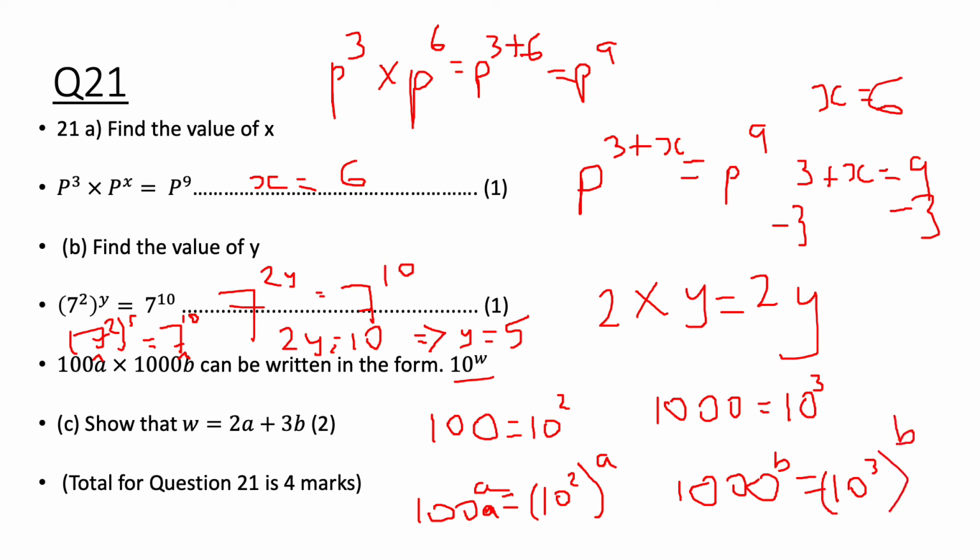So the question is written as 100 to the power of a times 1,000 to the power of b. It's written in the form 10 to the power of w. We're going to show that w is 2a plus 3b. Well, we're nearly there now. 2 times a is 2a.